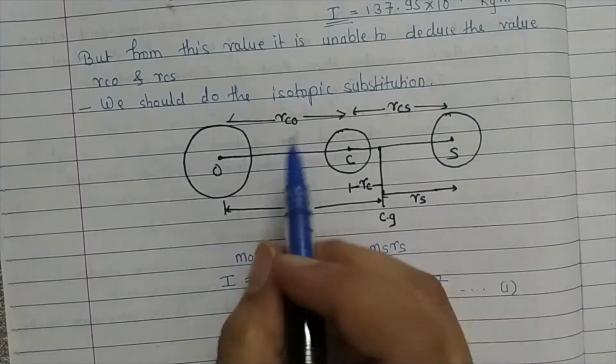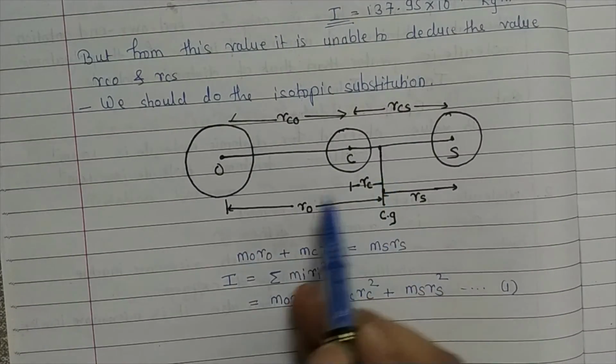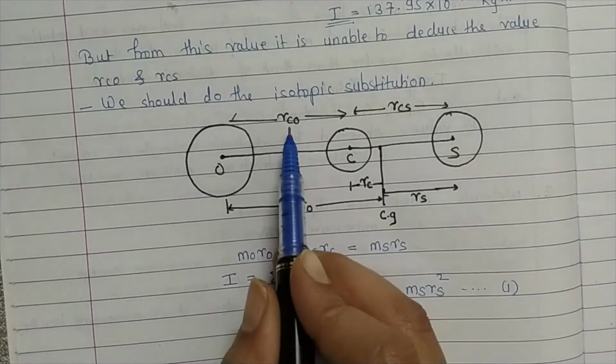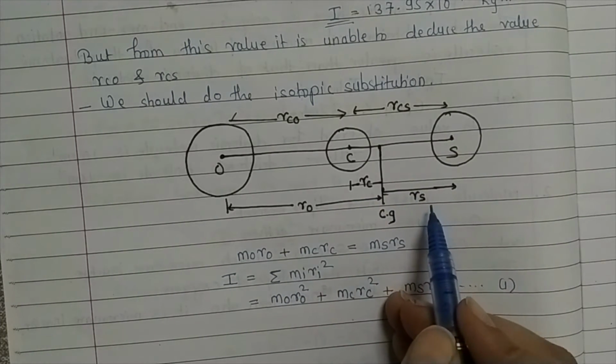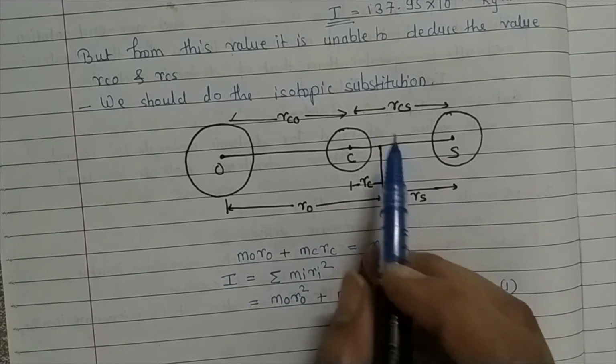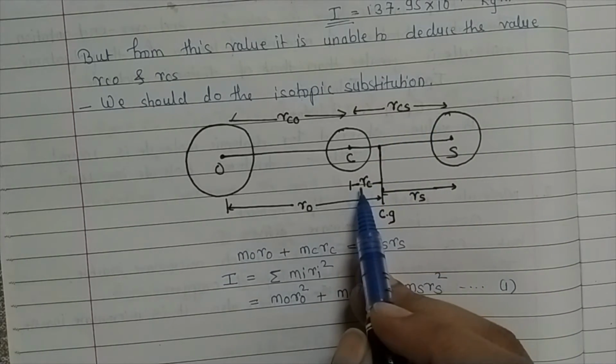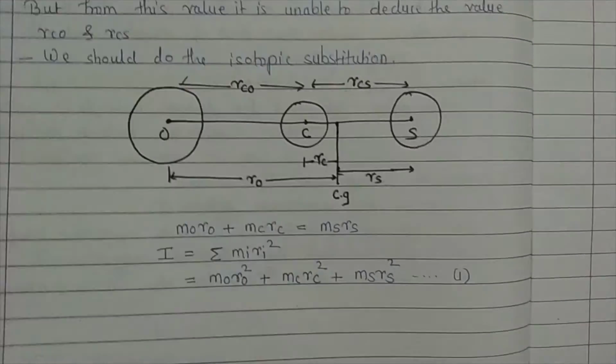See, I will show you the diagram again. So RO is equal to RCO plus RC, whereas RS is equal to RCS minus RC. That only we have written here.